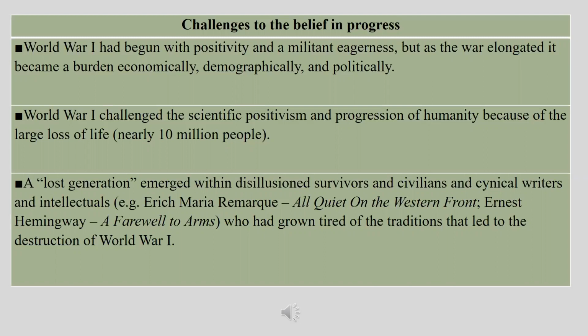Interestingly, World War I's beginnings were characterized by positivity and a relative eagerness for war. However, by the war's end, it was anything but glorious. The war had certainly taken its toll on the political systems, national economies, soldier and civilian populations, and the demographics of the belligerent societies.